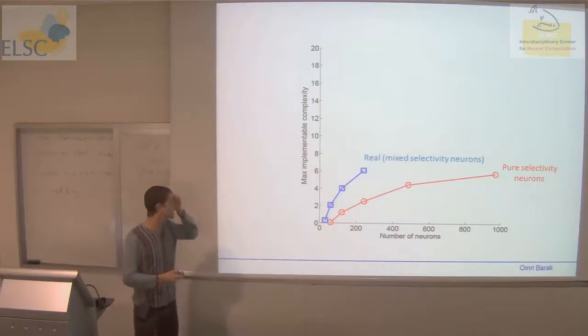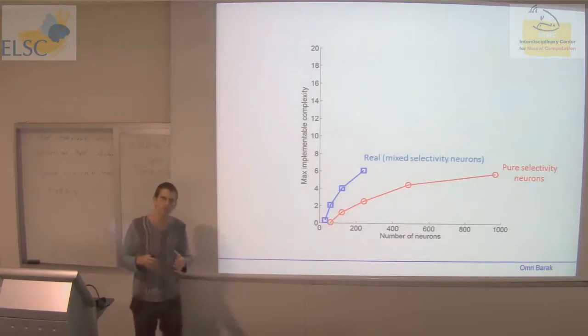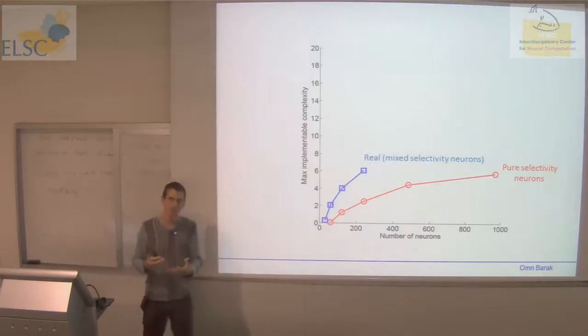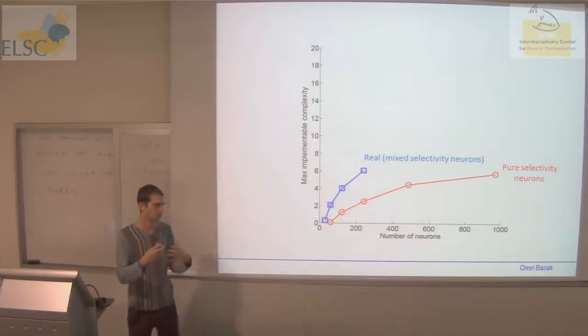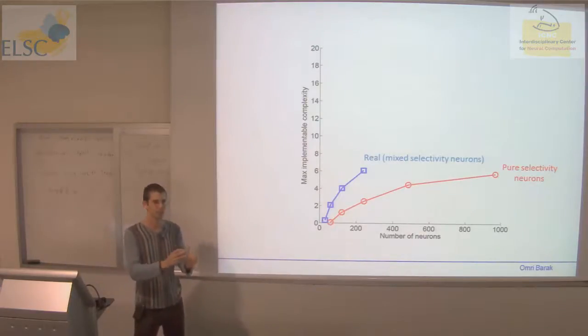And we can either do this with the real neurons that have some mixed component, or we can do this with purely selective neurons. The purely selective neurons are neurons that through shuffling we artificially make them either selective to the first cue or to the second cue or to the block type, but not to mixtures.